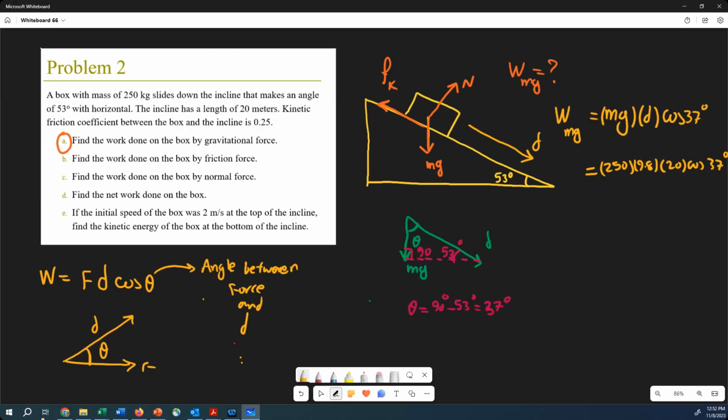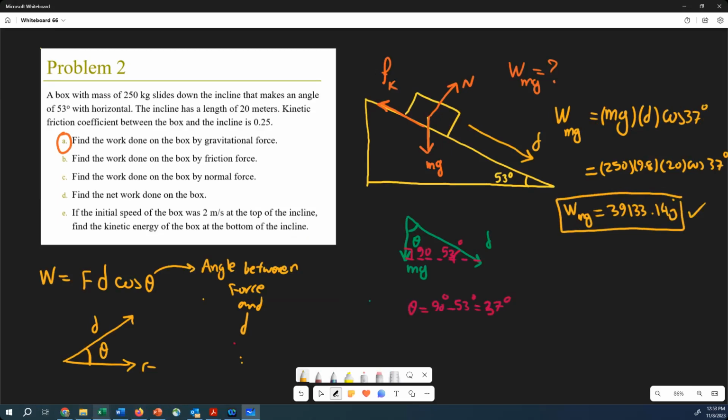Calculate this. 250 times 9.8 times 20 times cosine 37 is 39,133.14.